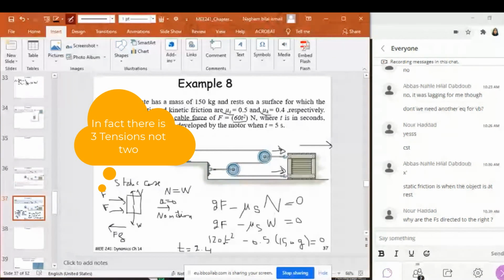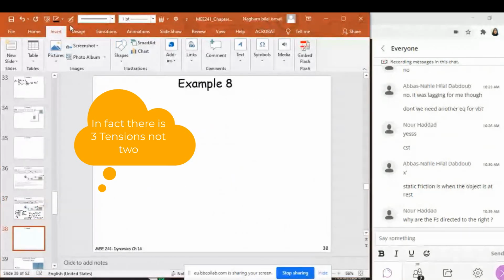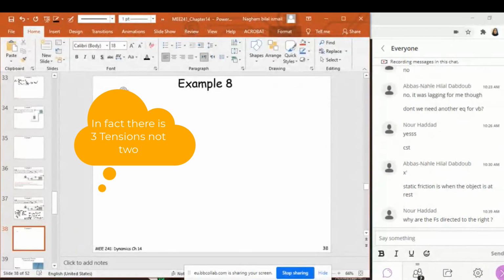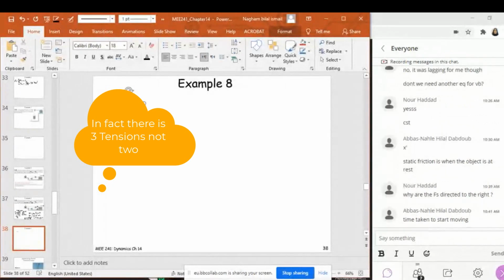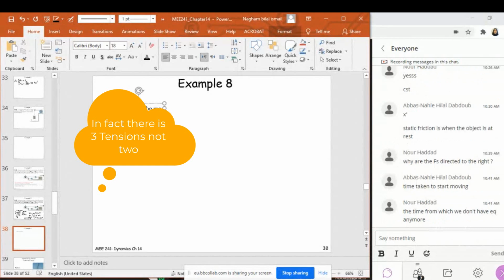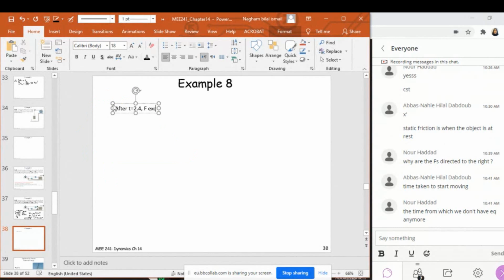2.4. What does this mean? What is this t? Who can tell me, guys? What is this t, in fact? So after a time of 2.4 s, the motor force, or F, exceeds the friction force.